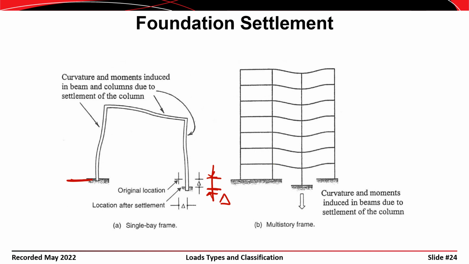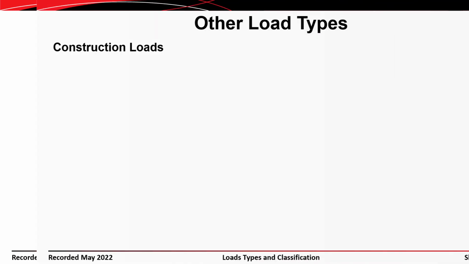You can see that the differential settlement is creating flexure in these beams that are adjacent to the column that's supported by the foundation that's settled. So differential settlements tend to be more critical than uniform settlements, but then again, if the entire building tends to rotate, you end up with something like the Leaning Tower of Pisa, and that creates problems as well.